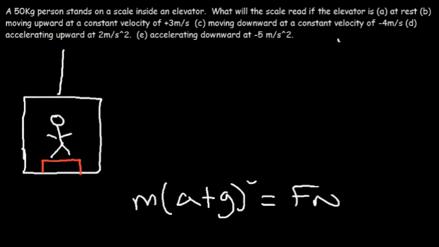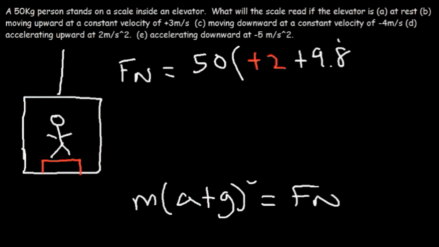So as the elevator accelerates upward, the normal force is going to be 50 times the upward acceleration of positive 2 plus the gravitational acceleration. So it's going to be 11.8 times 50. So the scale is going to read a normal force of 590 newtons.